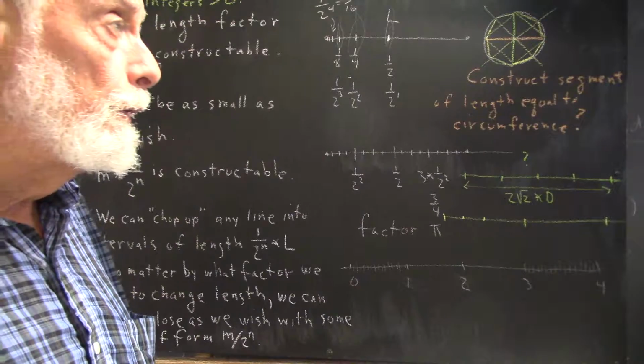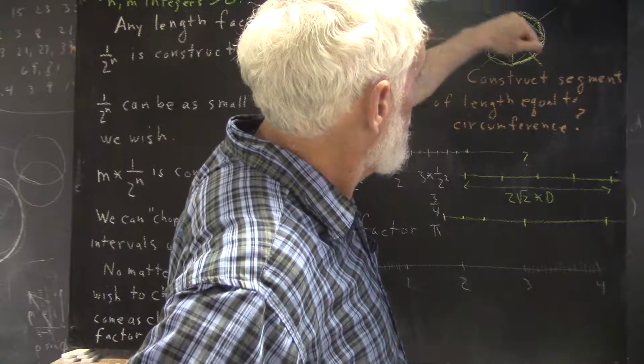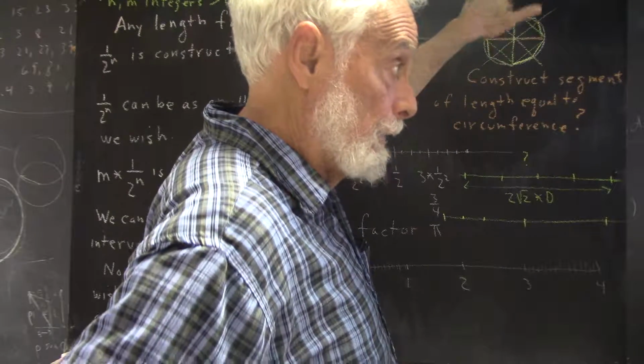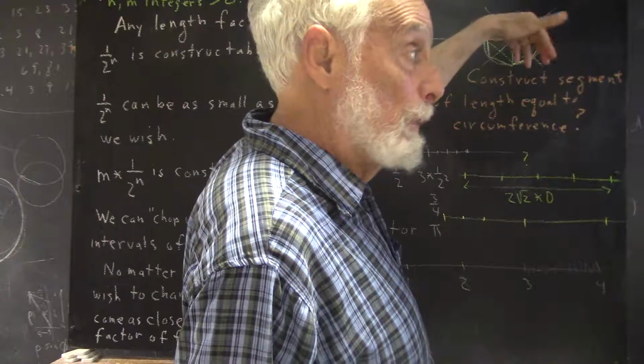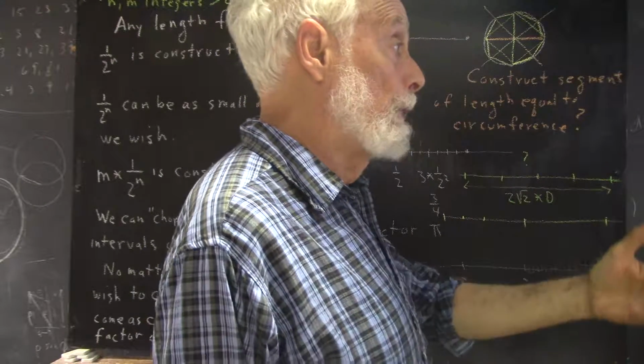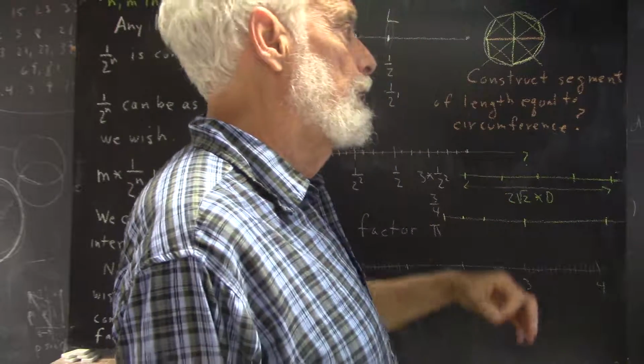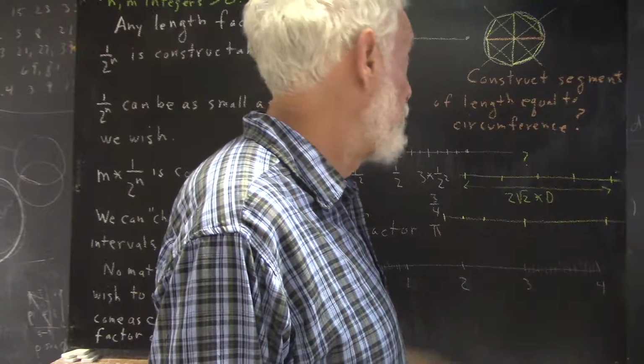Well, we can continue this process as long as we wish. We can bisect each of these angles, and now we have 16 segments, and now those segments are going to be pretty darn close to the circle, and we ought to be getting pretty close to the accepted value of pi. Of course, we can continue this for 20 steps.